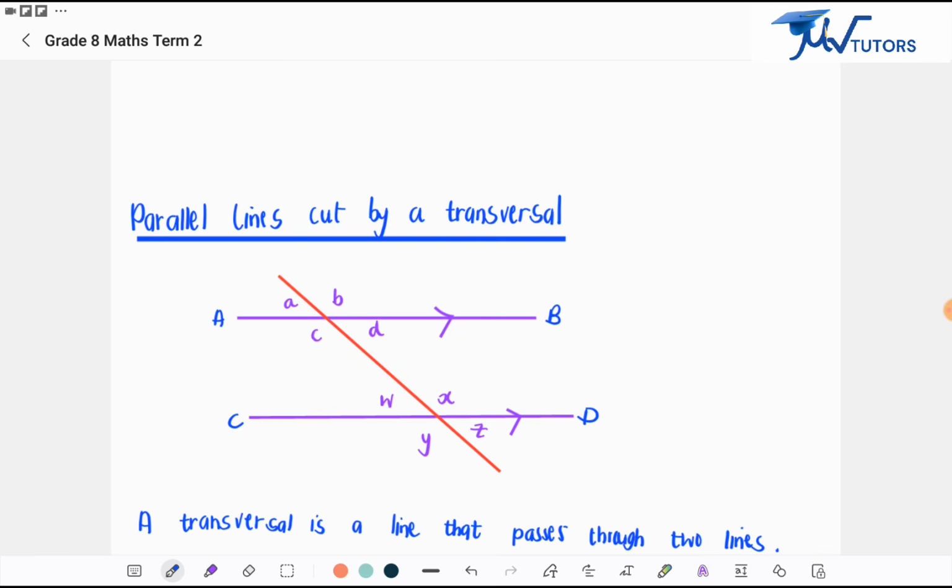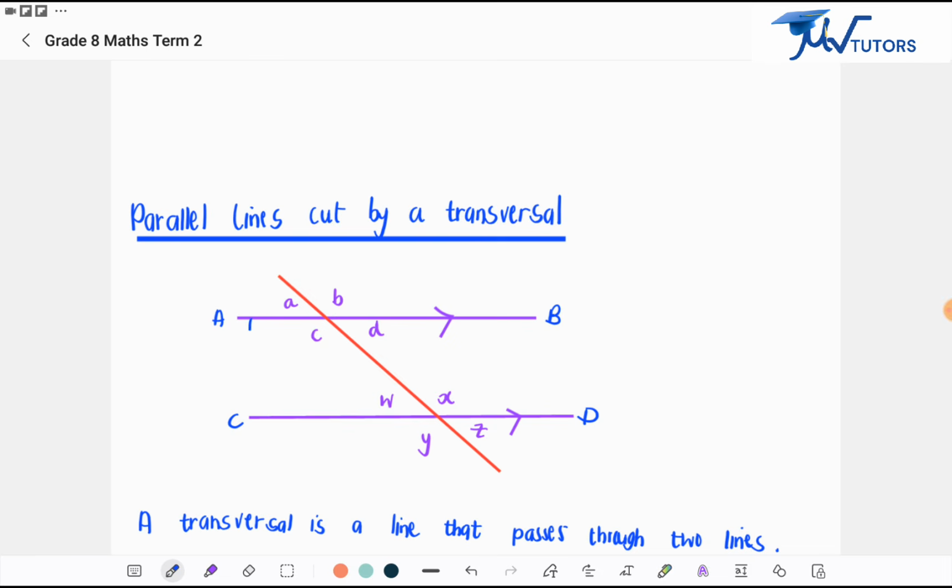It says parallel lines have so much in common, it's a pity they can't meet. And yes, not that they don't want to meet, they genuinely cannot meet. They have so much in common. What do I mean by that? They have the same gradient, they have the same distance between them, but they just cannot meet, no matter how hard they try.